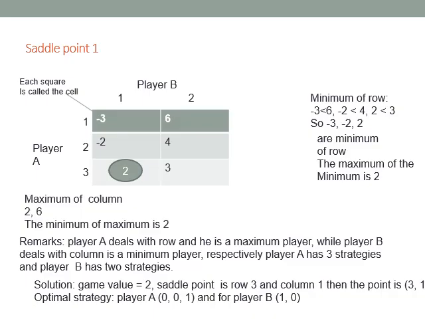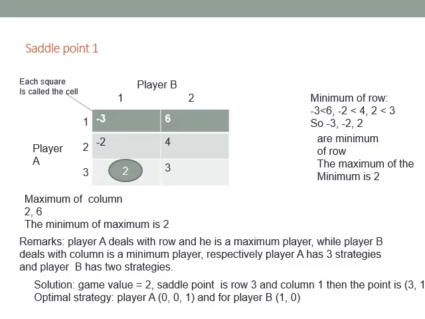Now we are going to select the maximum of these minimums. The maximum of these minimums is 2, because 2 is more than -2 and 2 is more than -3. So the maximum of the minimum, or the maximin, is 2.